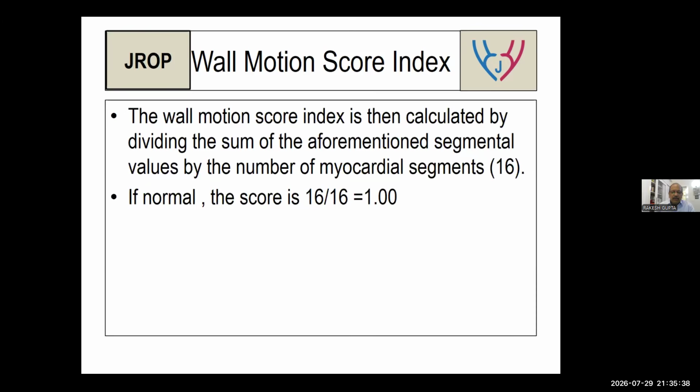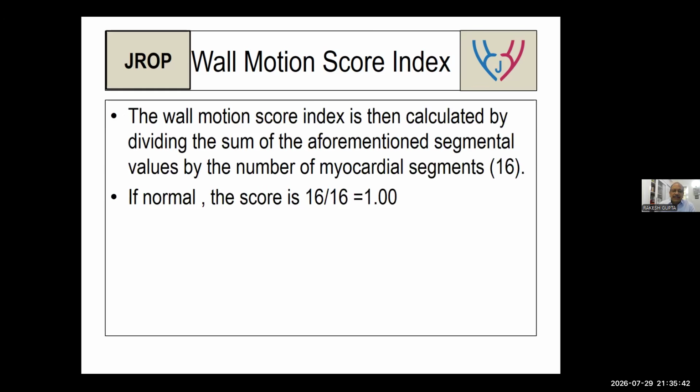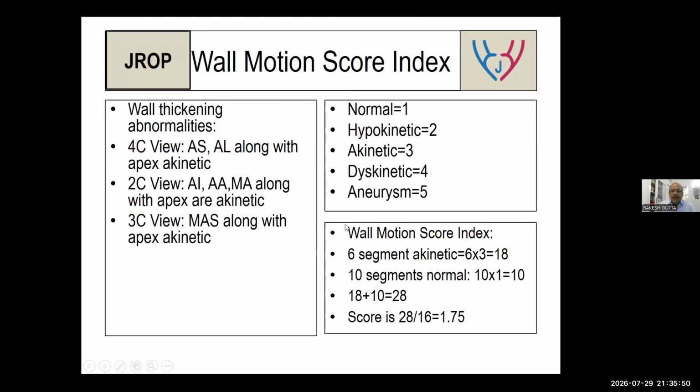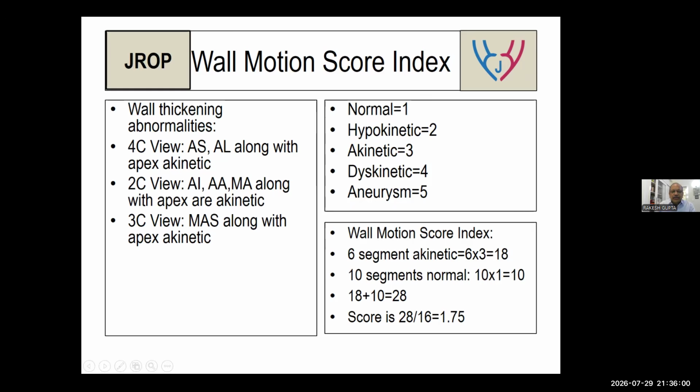Now, we have to look at these kinds of things. Somebody asked last time, what is wall motion score index? Every segment, if it is normally contracting, is given 1 point. So we have 16 segments. 16 into 1 divided by 16, you get a wall motion score index of 1. Suppose 2 segments are hypokinetic.